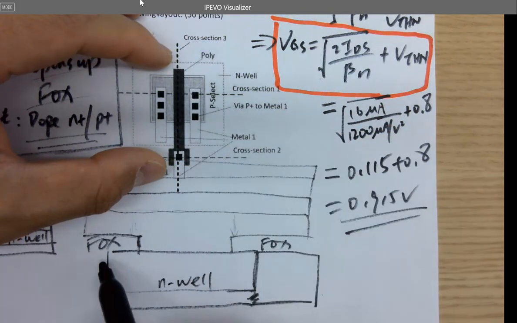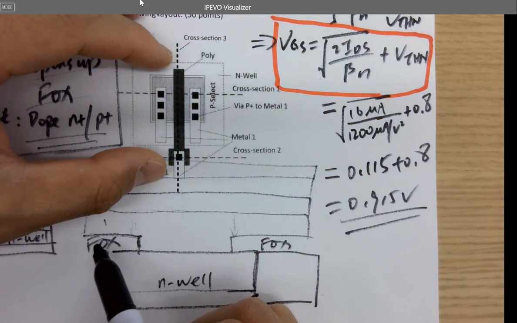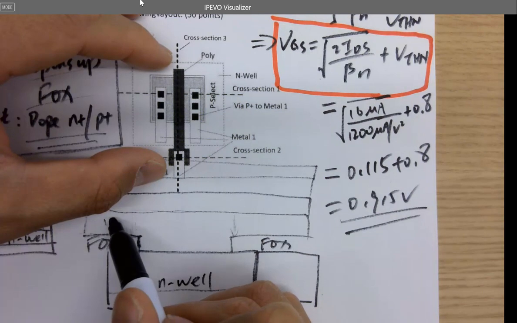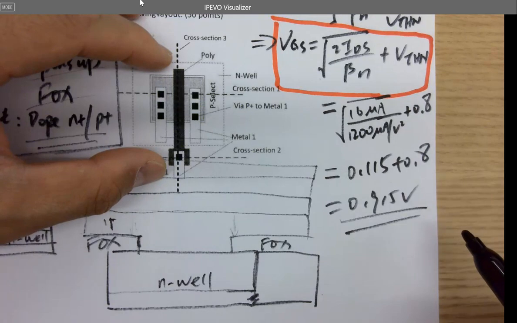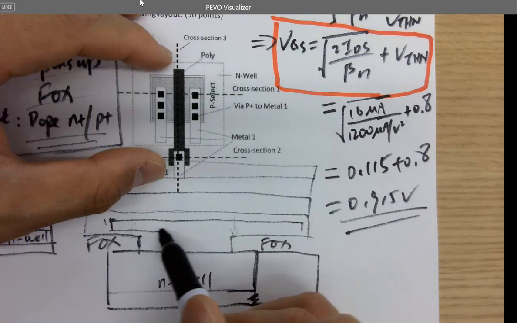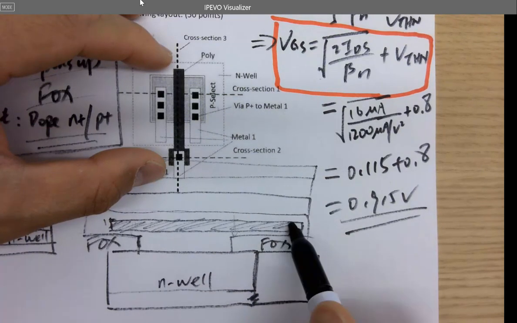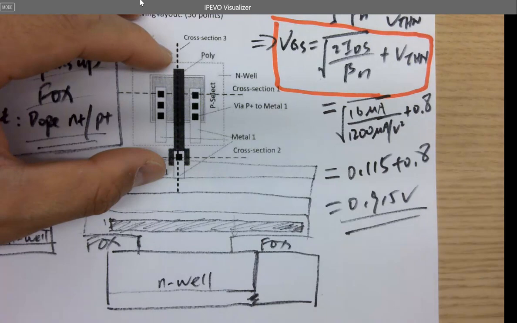It covers the entire N well. It's even slightly longer. No, it's within it. So it's over here, but longer than the opening. So it's here, right? And to here. So that's a gate. Okay.